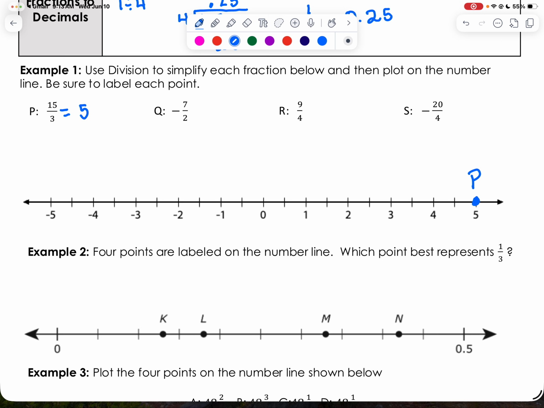All right. Q, we have negative 7 over 2. Now, 7 will not divide by 2 evenly. So I'm going to use long division to turn this into a decimal.